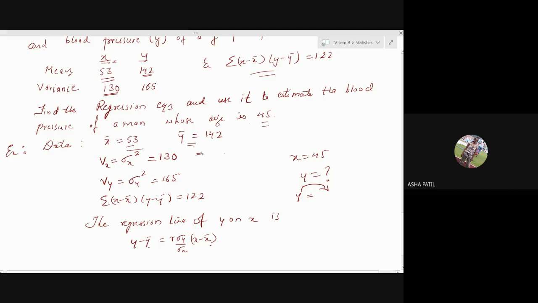Can anybody tell me what's the value of sigma x and what's the value of sigma y? Square root of 130 and square root of 165. Sigma x is 11.40.